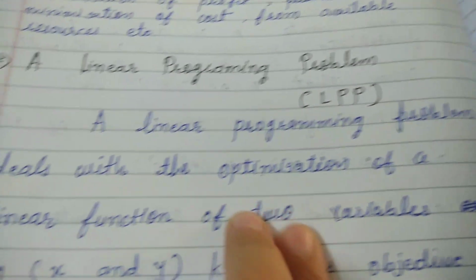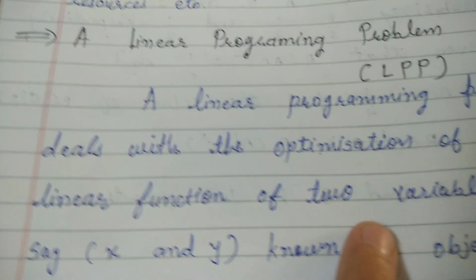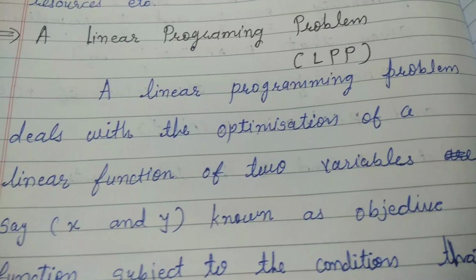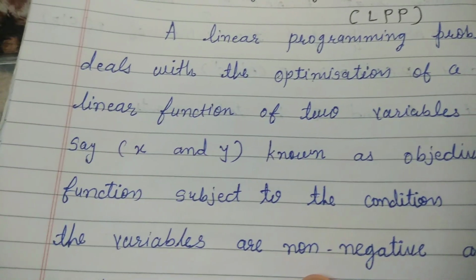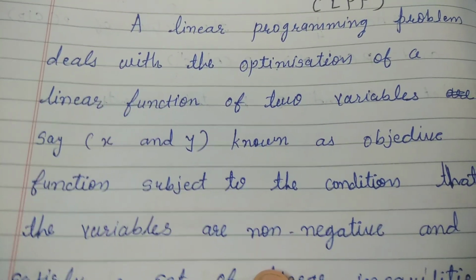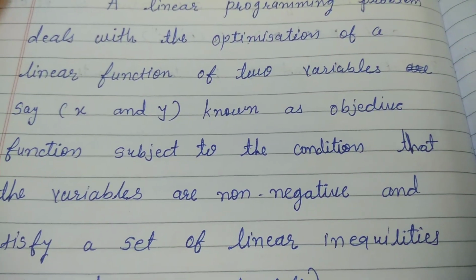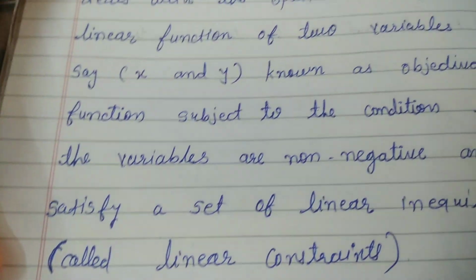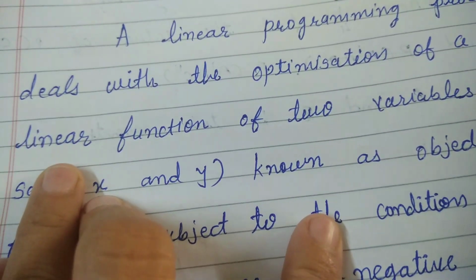A linear programming problem deals with an optimization of the linear function of two variables, say x and y, known as the objective function, and subject to the condition that the variables are non-negative and satisfy a set of linear inequalities, called linear constraints. So the linear programming problem deals with an optimization of the linear function.